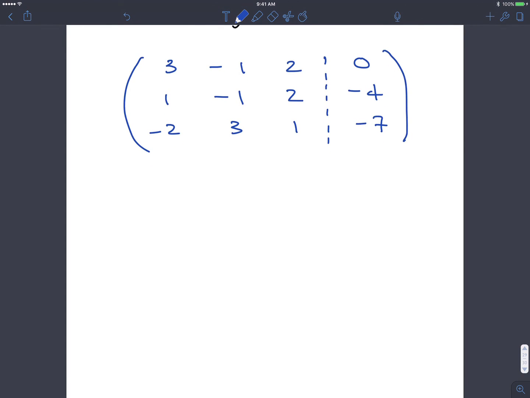Now I'm going to interchange row 1 and row 2. So I'm going to have 1, negative 1, 2, and negative 4. 3, negative 1, 2, and 0. Negative 2, 3, 1, negative 7.